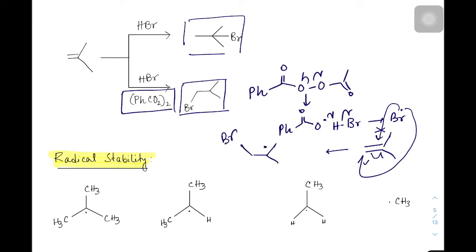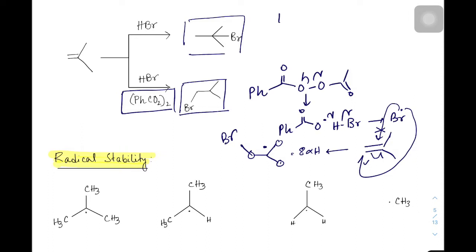So the intermediate is in a more conjugated position where 3, 3 and 2, a total of 8 alpha hydrogens, are present. So it is a more stable position. Therefore radical addition to alkene always favors the less hindered side, and it gives the anti-Markovnikov product.